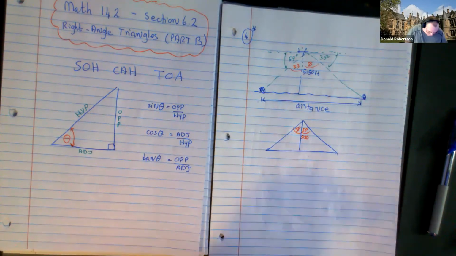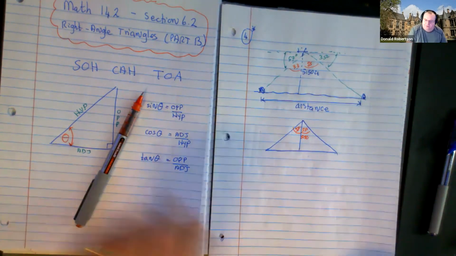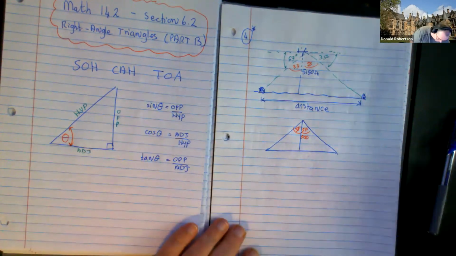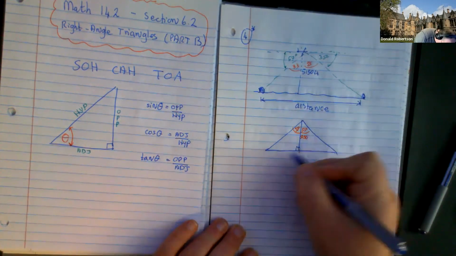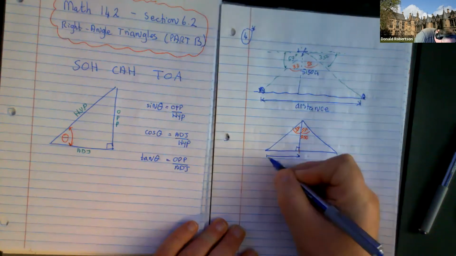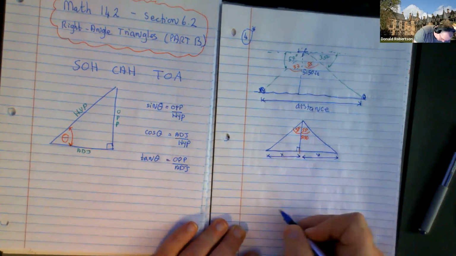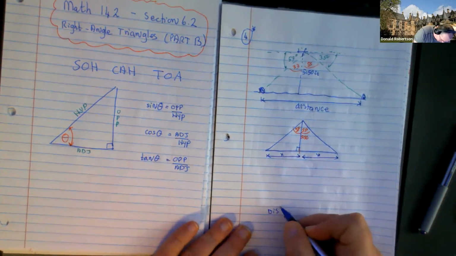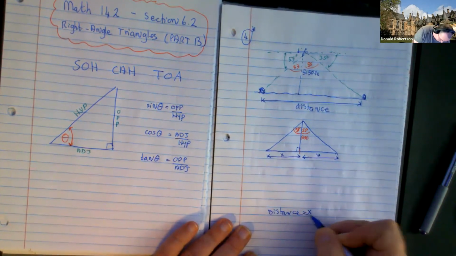Right. Now, they want that distance from here to here, but I'm not going to get that distance directly. I am going to find this distance from here to here, and I'm going to call it X. And then I'm going to find this distance here, and I'm going to call it Y. And then won't my answer be what you get when you add the two together?